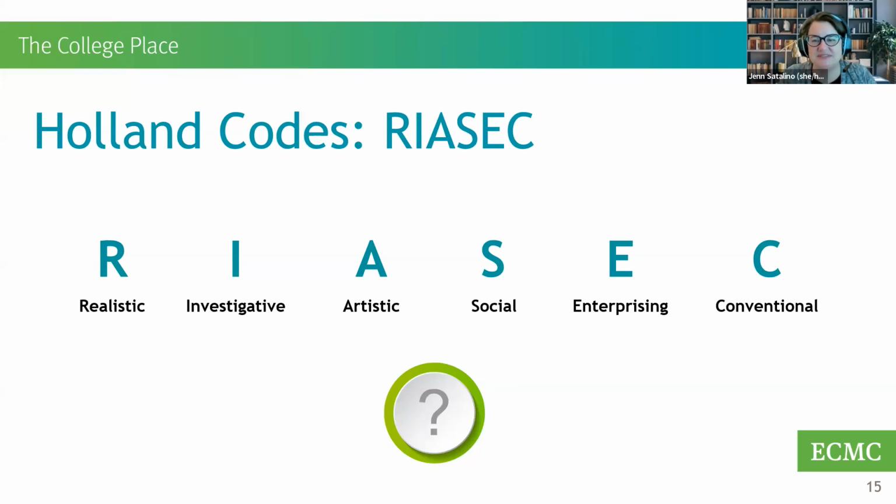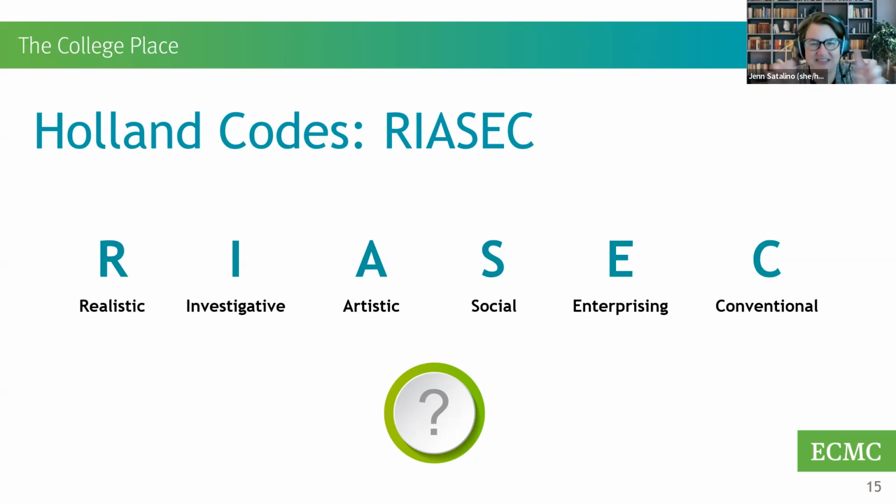So he described 6 characteristics that we can use to describe people. RIASEC, so those spell out, and so they're realistic, investigative, artistic, social, enterprising, and conventional. A lot of career assessments will come back and give you a RIASEC code.